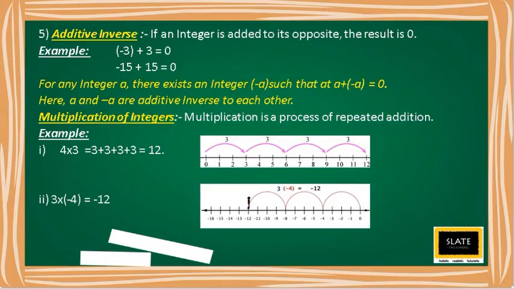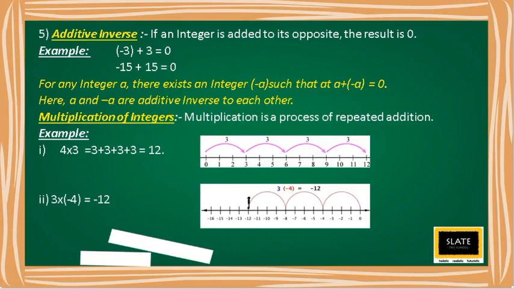Now let's see additive inverse. If an integer is added to its opposite, the result is 0. For example, minus 3 plus 3 is equal to 0. Minus 15 plus 15 is equal to 0.